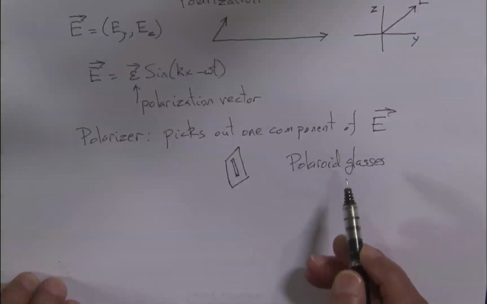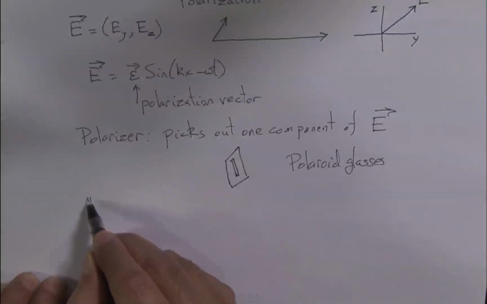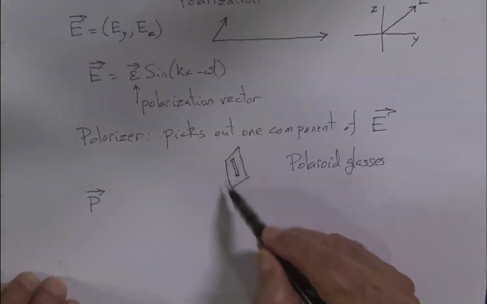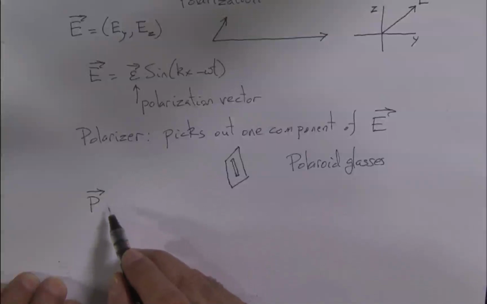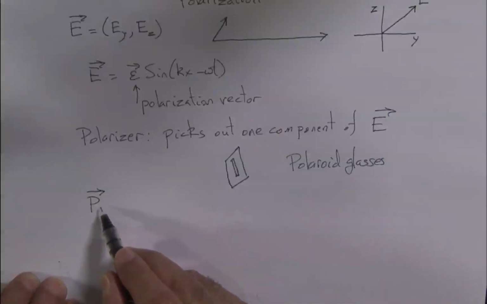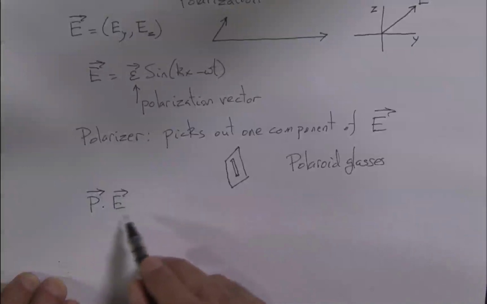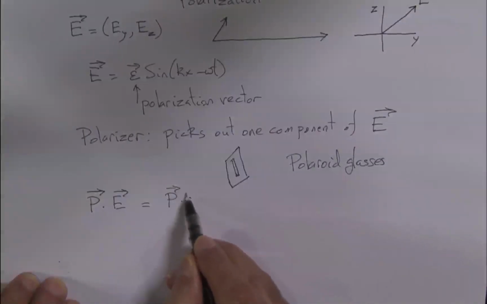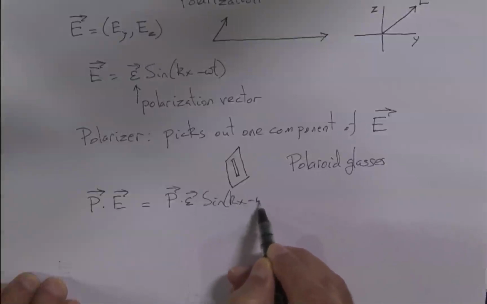You can think of a polarizer as follows. If I have a polarizer, it's really something with a direction. So if there's this polarizer, I can twist it around. And this polarizer then can act upon an electric field. And it gives, well, P dot epsilon sine of kx minus omega t.